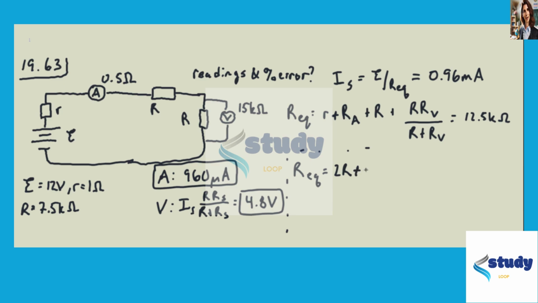So 2 times our resistors here plus the internal resistance of the battery. And so this would mean that the source current would be 800 microamps.